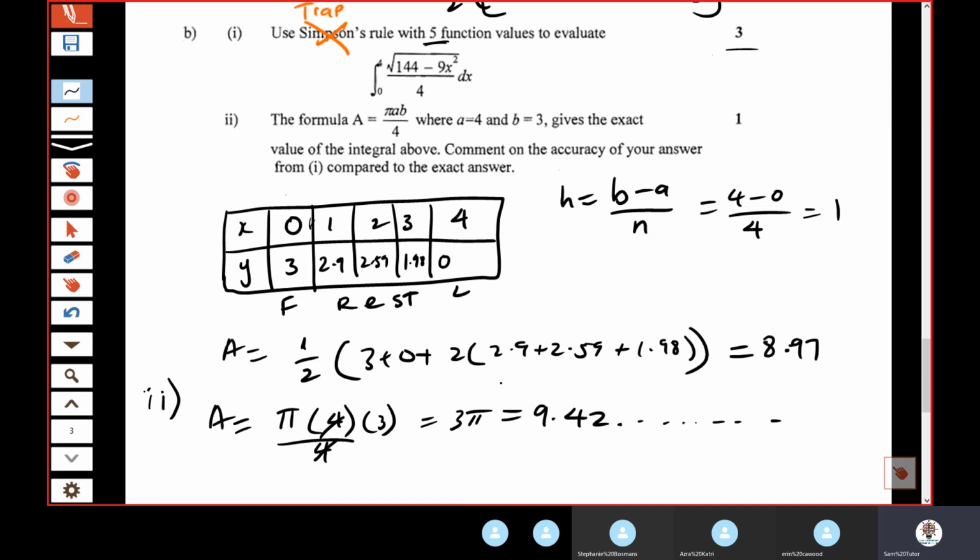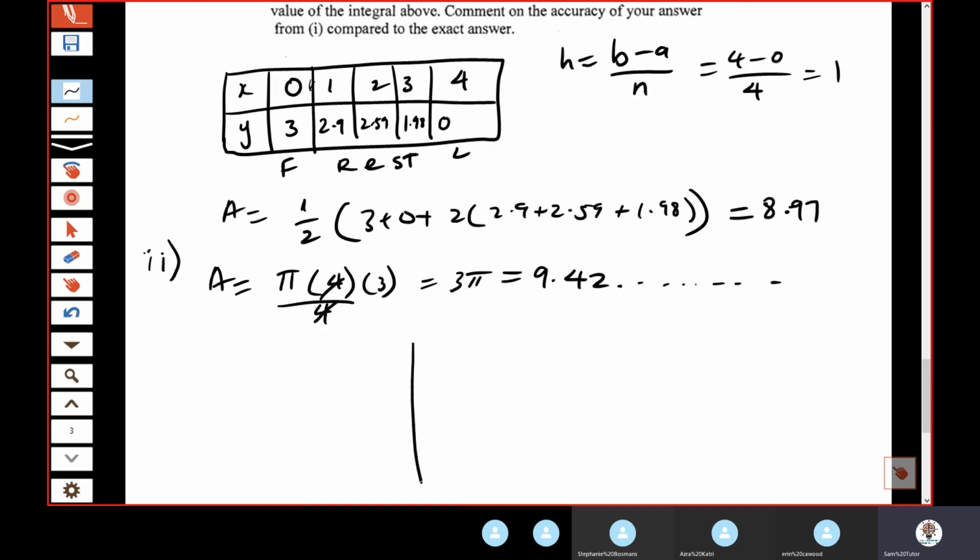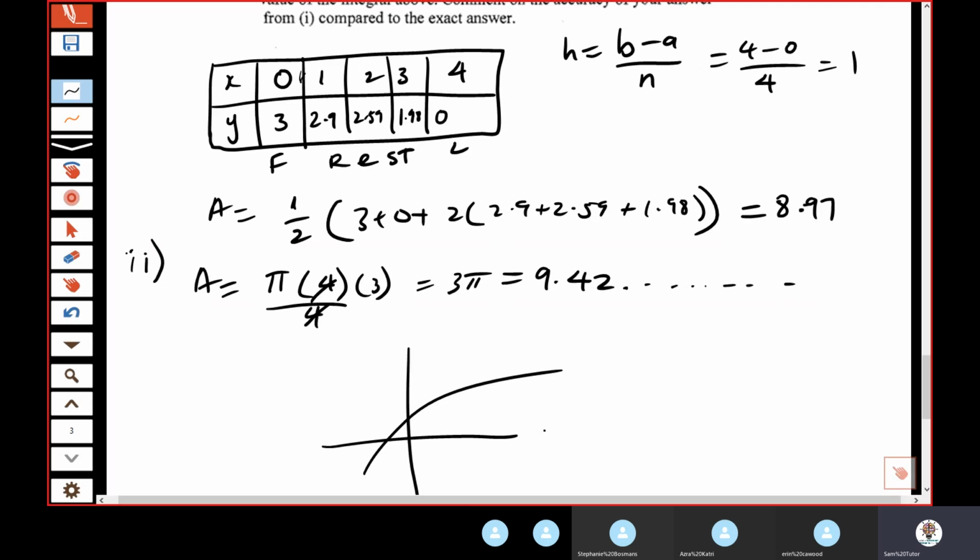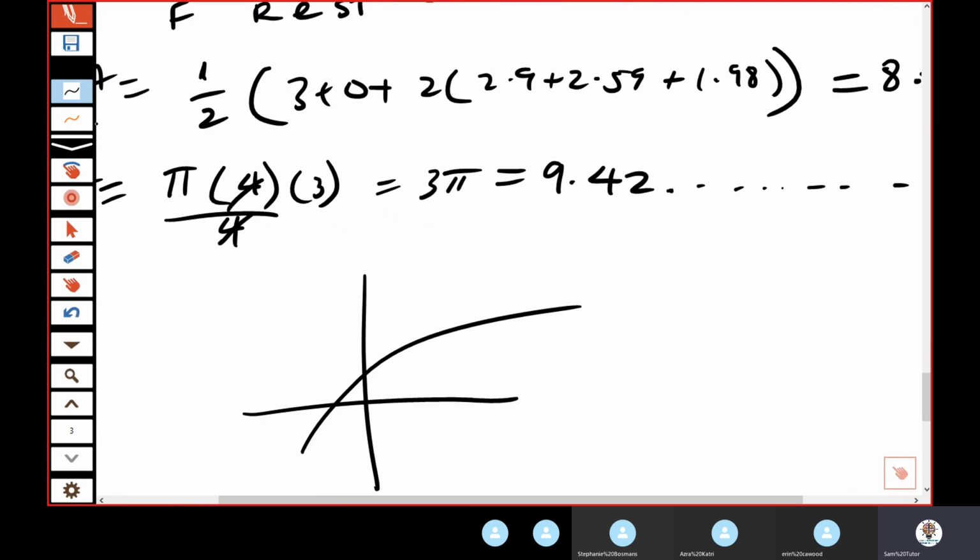If you guys understand, I'll draw you a quick graph if you want to remember it. It looks something like this. Let's just say this is like a log. It is a log, but it comes from the log family. And then what you're doing, if I zoom in, is drawing little trapeziums.